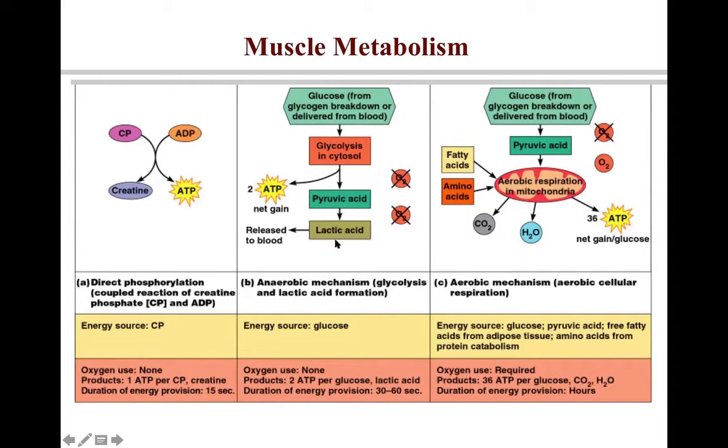acid. Now, this lactic acid is released in the blood and it causes changes in the pH of the blood, okay? So, this production of lactic acid causes muscle fatigue, okay?